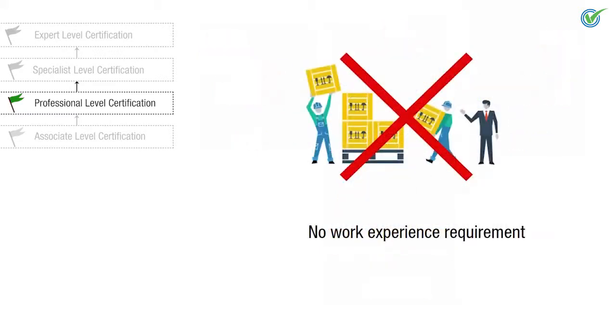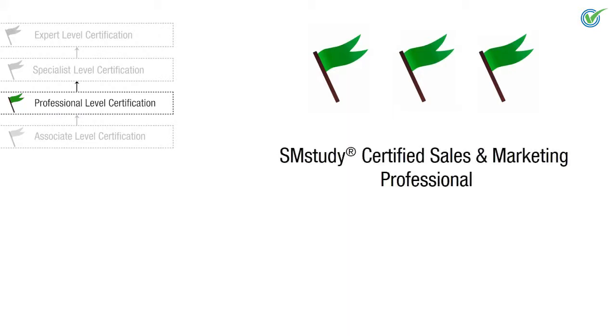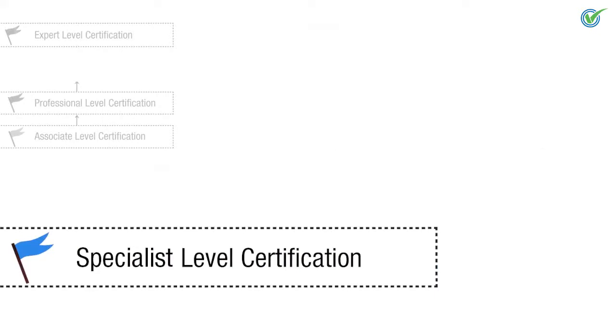There is no work experience requirement, and there are no mandatory education hours in addition to the recommended study. Individuals who pass the certification exams for 3 or more professional modules are awarded an additional certification called SMstudy Certified Sales and Marketing Professional.